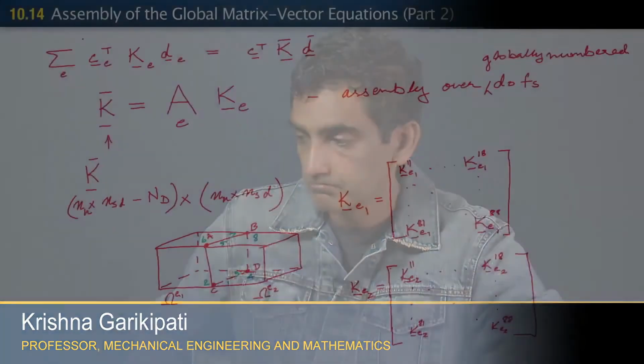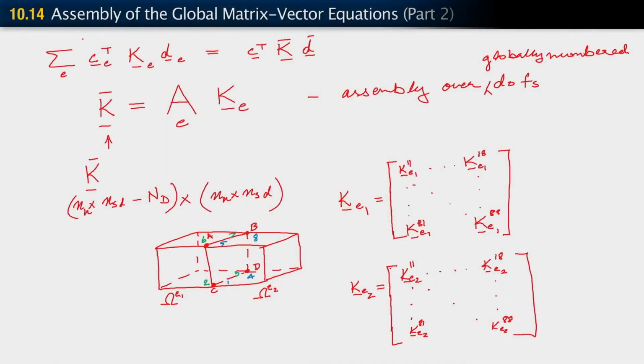I should mention here, of course, that each of the entries in these KE1 and KE2 matrices is not a scalar, right? What is it? That's right, a 3 by 3 matrix. And that's the same for KE2.